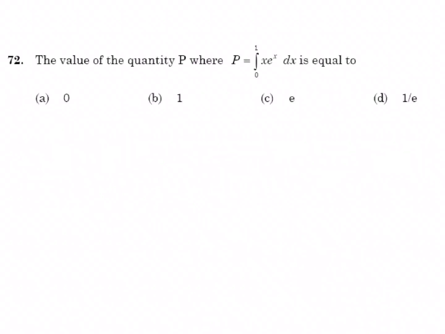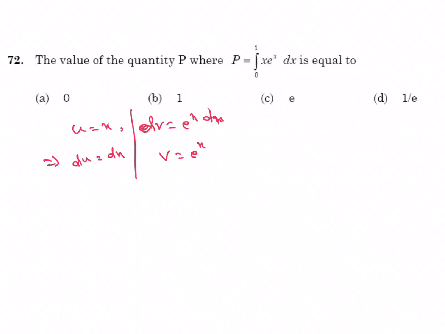The value of quantity P, where P equal to integral 0 to 1 of x e to the power x dx. So integration by parts we will use here. U equal to x, then dv equal to e to the power x dx. From here we will get du equal to dx, and v will be e to the power x. So our integration will become 0 to 1, uv minus integral of v du.